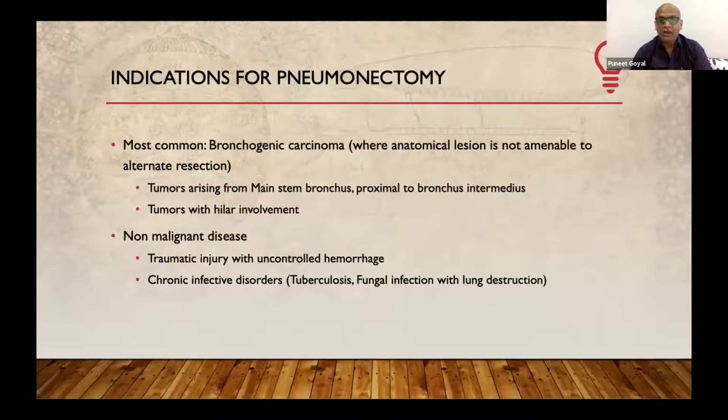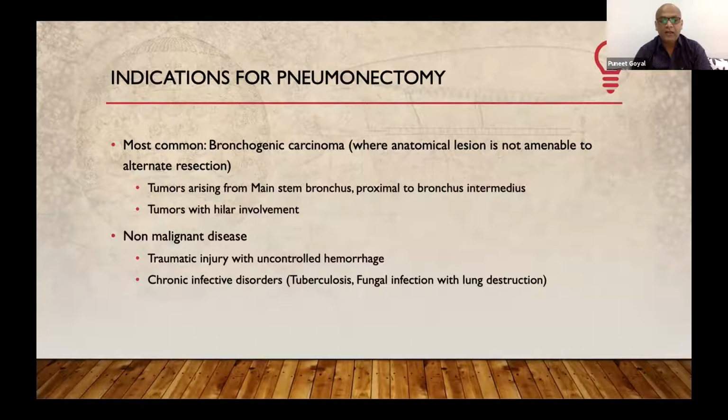So the most common indication for which the patient comes for pneumonectomy is bronchogenic carcinoma, where the anatomical lesion is not amenable to alternate resection, as I suggested earlier, that lobectomy is not possible. This happens when the tumor is arising from the mainstem bronchus, proximal to bronchus intermedius, or tumors which have involvement of the lung hilum.